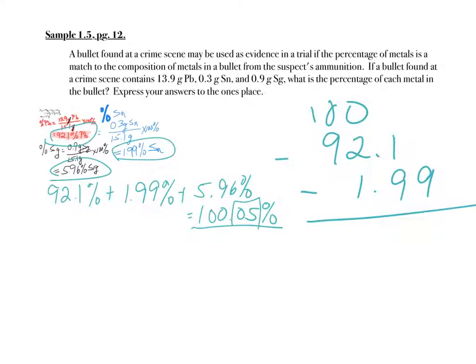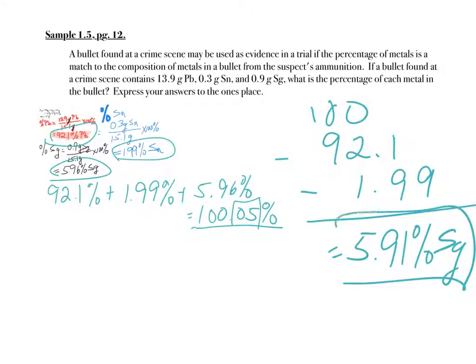And it comes out to 5.91% antimony. Now you can see that that is slightly different than the 5.96. Not that much different, but it is different. And that's okay. Either way is fine with me. But you would have to show your work, basically.